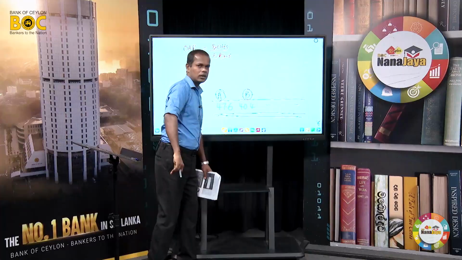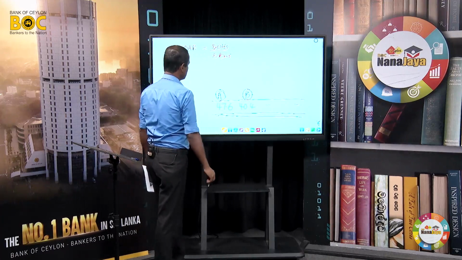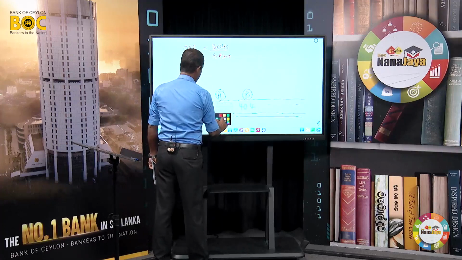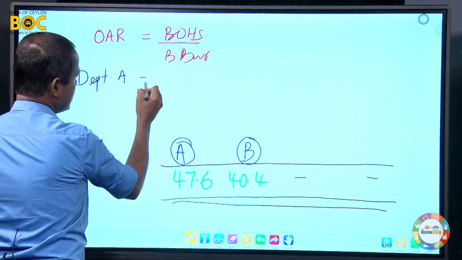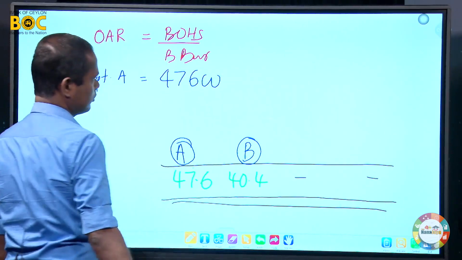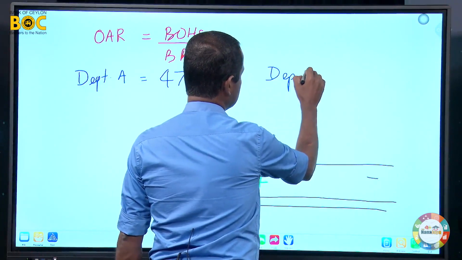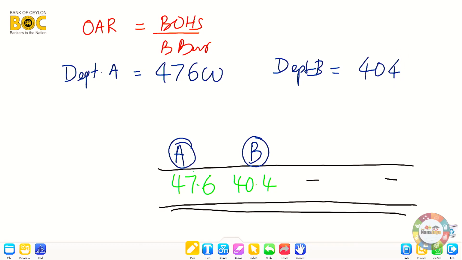For department A, the budgeted overheads are 47,600. For department B, budgeted overheads divided by the budgeted basis, 40,400.